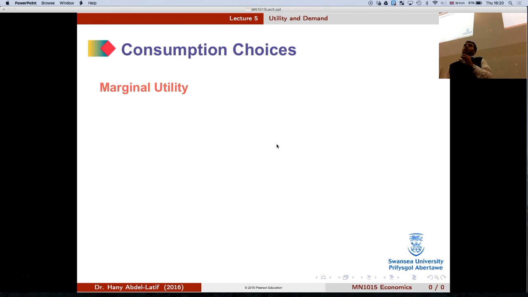But the question now, how much each unit you will increase or you consume will contribute to this total utility? Remember, in the first lecture, we said we usually think at the margin. So 1 more unit.